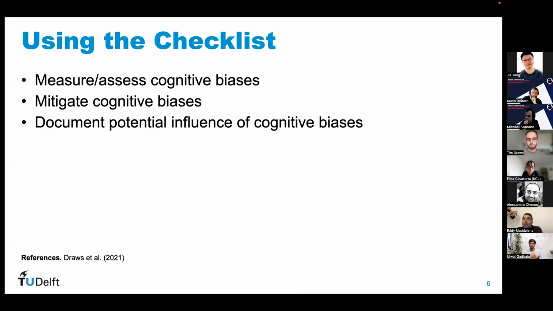And then, as a minimum requirement, or a thing that any requester can do, even if the data had already been collected, when going through the checklist, is to document the potential influence of cognitive biases, so that people who use the data or somehow build on it can get an idea of its reliability and what kind of biases might have taken place that reduce data quality in some systematic way.